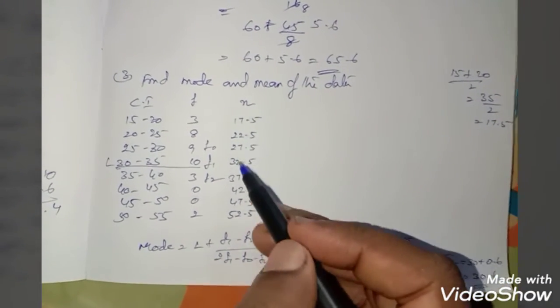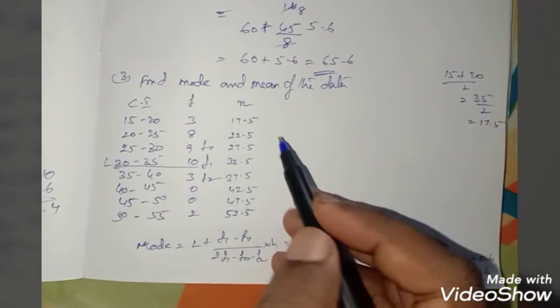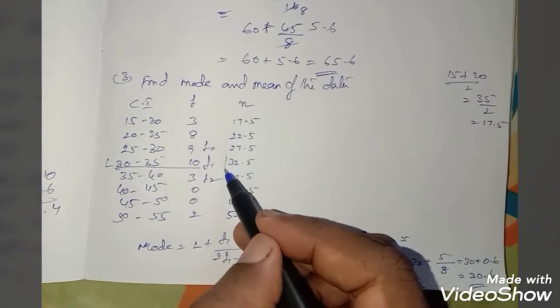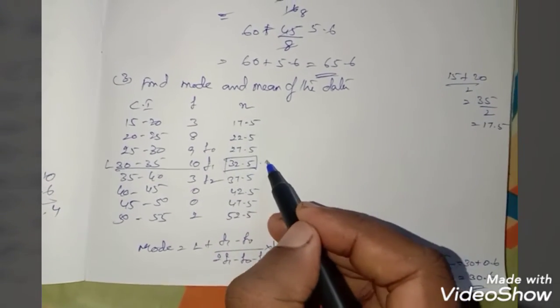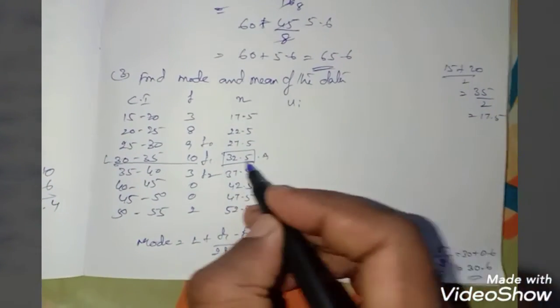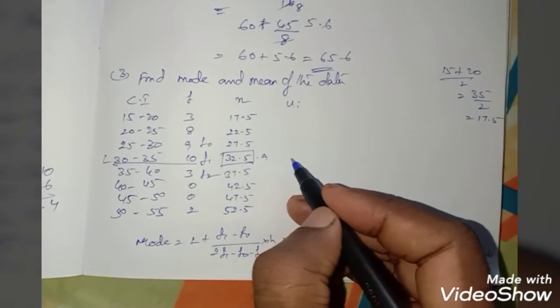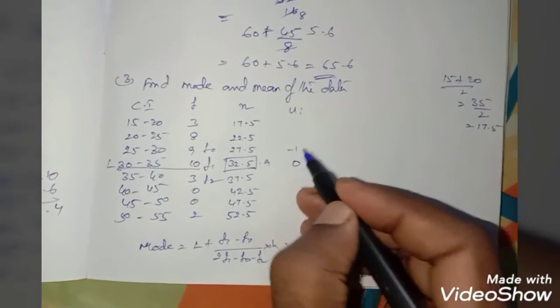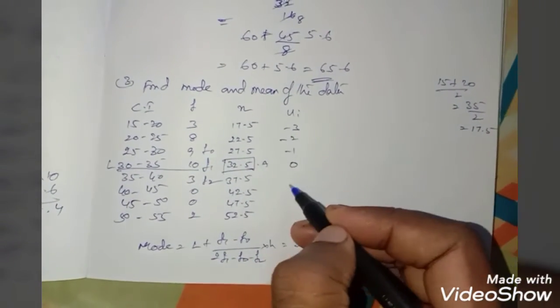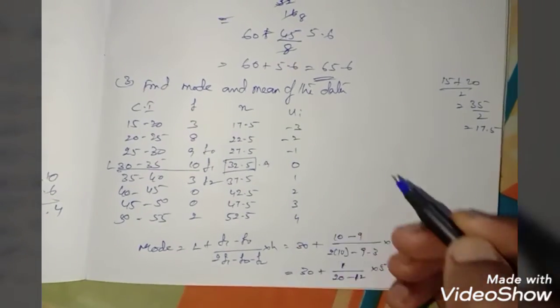Next you have to find the assumed mean in this value. Now if I assume this 32.5 as A, wherever they have taken A as 0, next remaining -1, -2, -3, here 1, 2, 3 and 4.